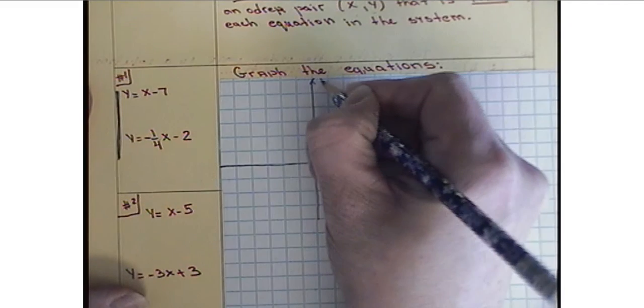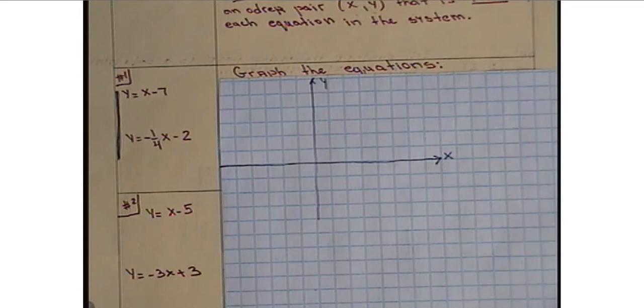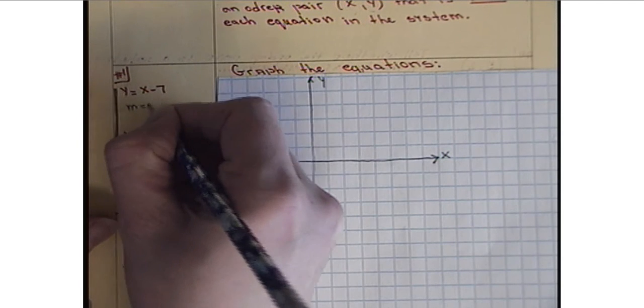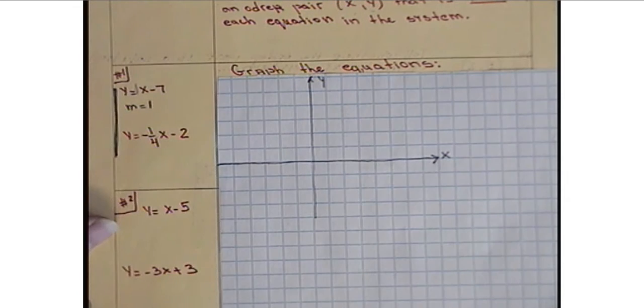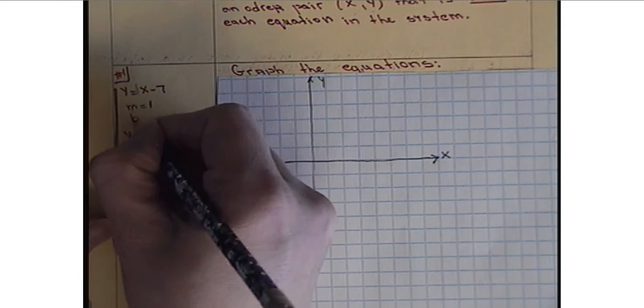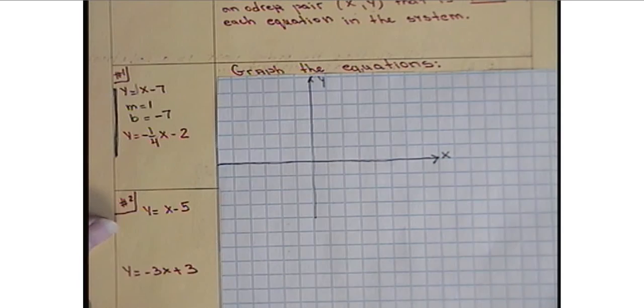And you know that in order to graph an equation, we need to know the y-intercept, which will be the first point on the graph, and we need to know the slope. So from this equation, I can write over here that the slope is equal to 1. So it's always the number in front of x, in this case is 1, and b will be -7.